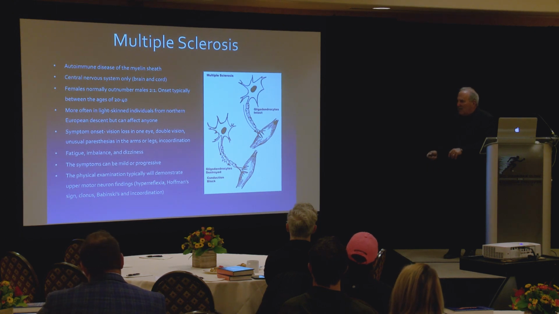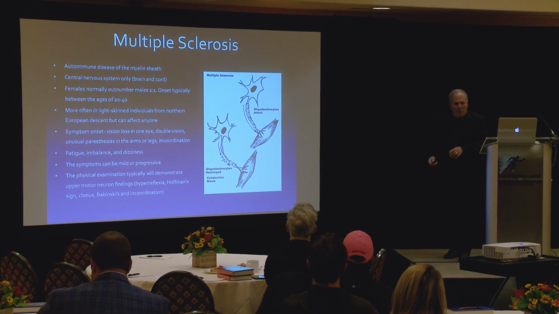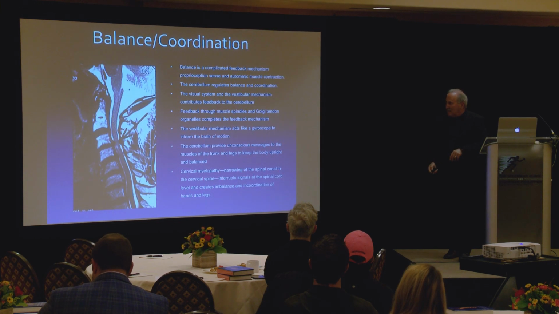But since this is central nervous system and not peripheral nervous system, what are the signs? We talked about them earlier. What's that? Clonus, yes. So hyperreflexia, clonus, long tract signs, problems with balance and fine motor skills. That's how you start to think about these things.